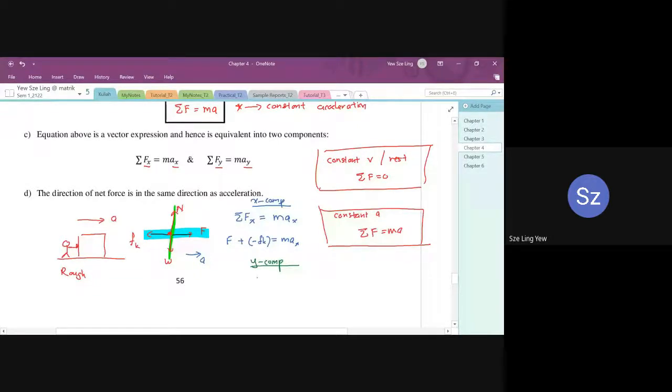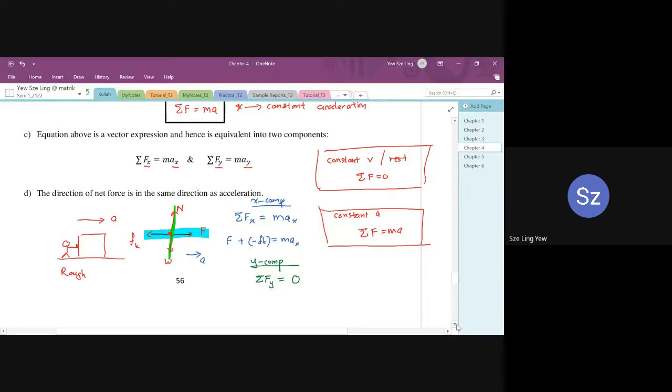We are going to use summation Fy, but there's no motion along the y component. My object is moving with constant acceleration along the x component, not along the y component. And my object doesn't jump up and down. Therefore, for the y component, we apply Newton's first law because there's no motion along the y component.